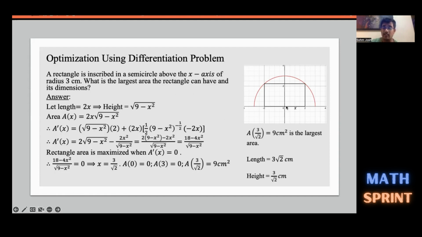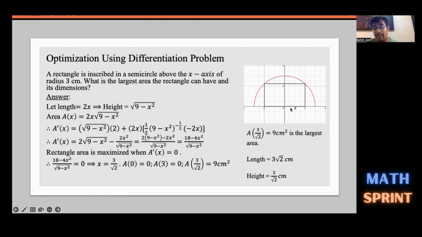Imagine drawing a straight line from the origin to this point over here. This line has a length of 3 centimeters because this is also a radius of the semicircle. Since a rectangle has right angles only, you notice that this is a right angled triangle.